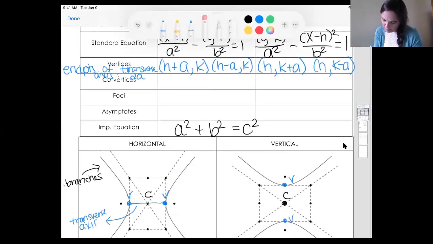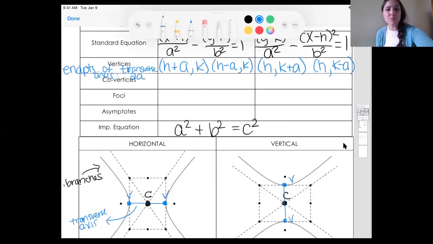So same thing happens with our vertical. With our vertical here, its transverse axis runs vertically. And once again, its length is 2a. All right, then our covertices.